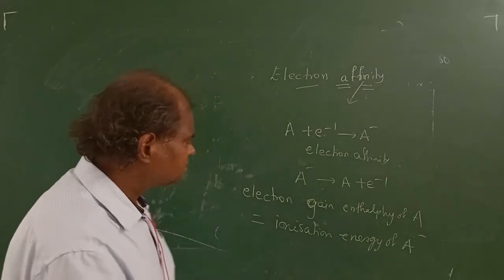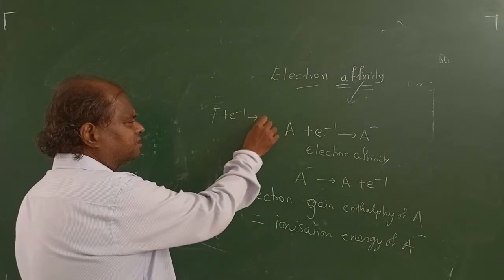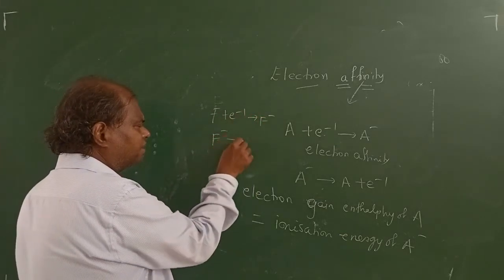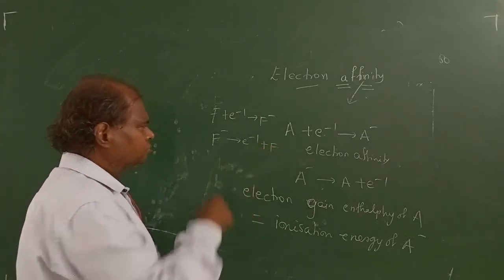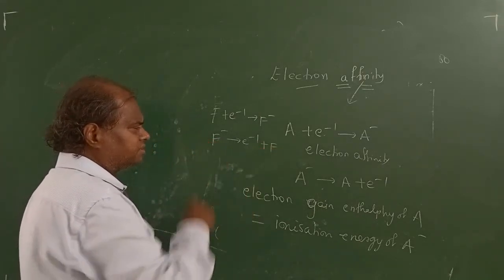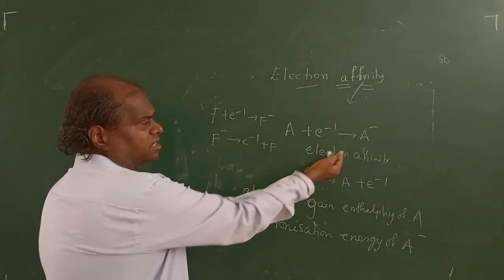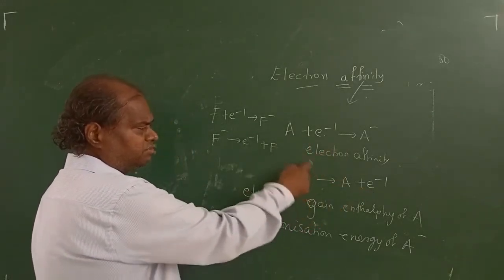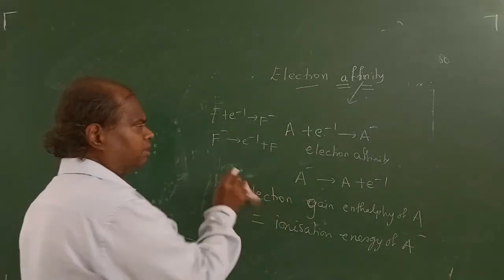Let me give you some examples. For example, F plus an electron gives F minus. This is the electron affinity of F. F minus losing one electron and becoming F is the ionization energy of F minus. So the reverse is nothing but the ionization potential of A minus.